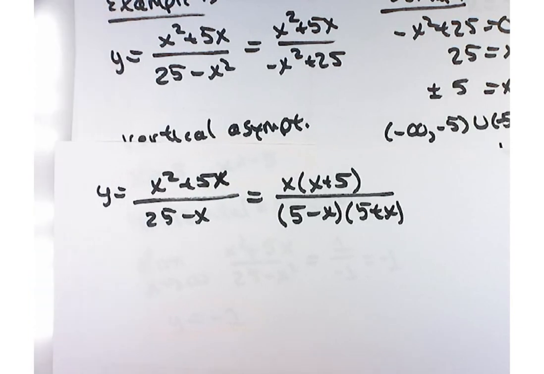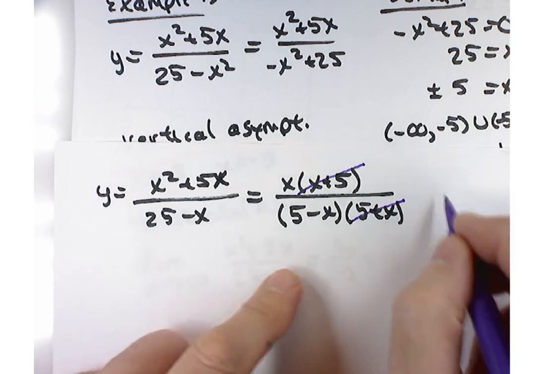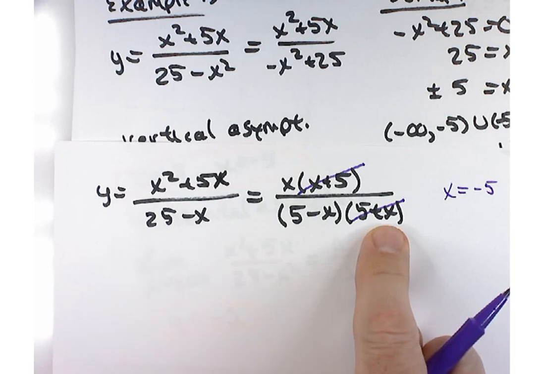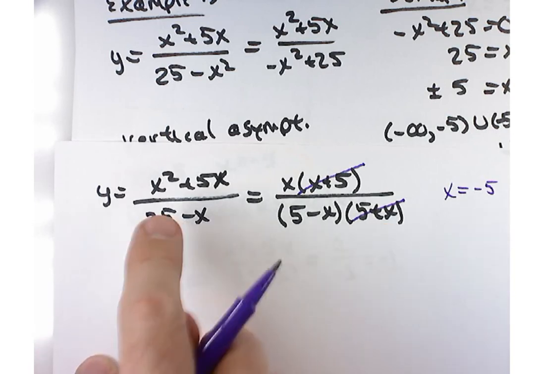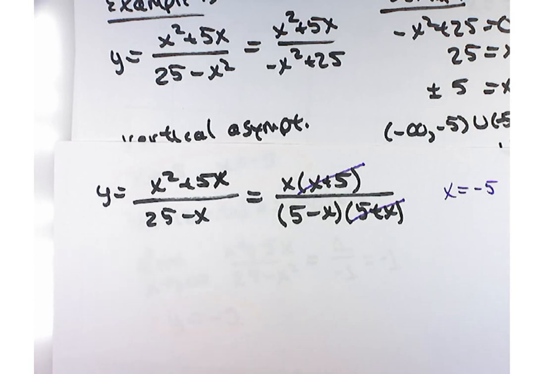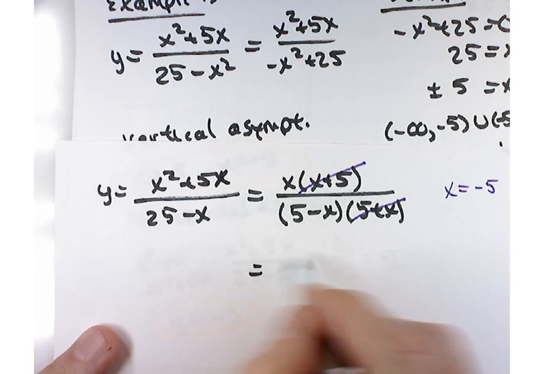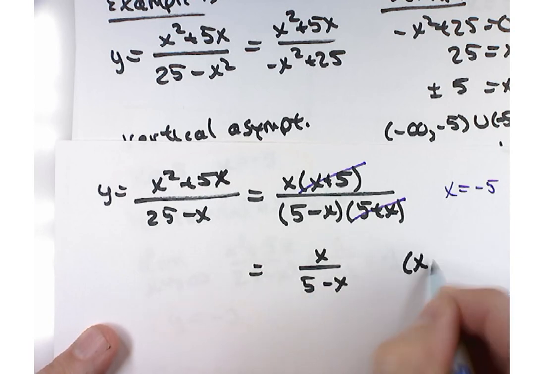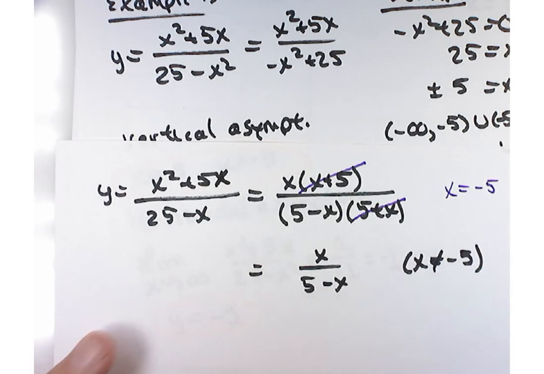Those factors cancel out as long as x is not equal to -5. As long as x is not equal to -5, this function and this function will be the same. So it gives you x over 5 minus x as long as x is not equal to -5.